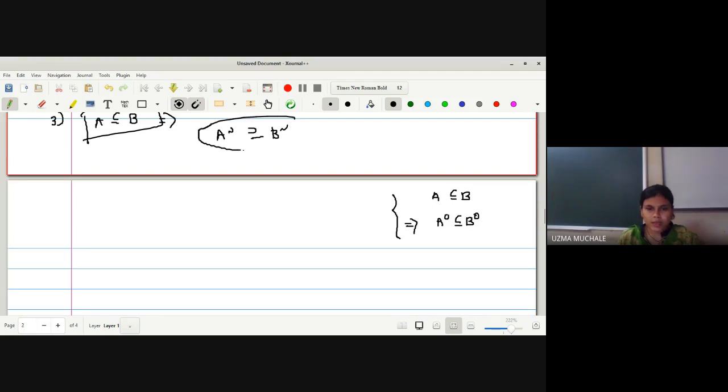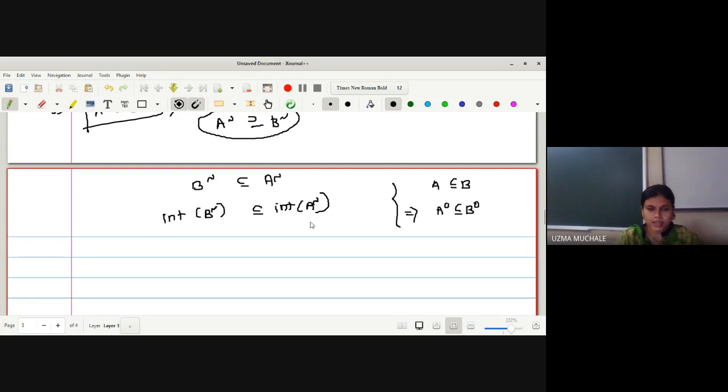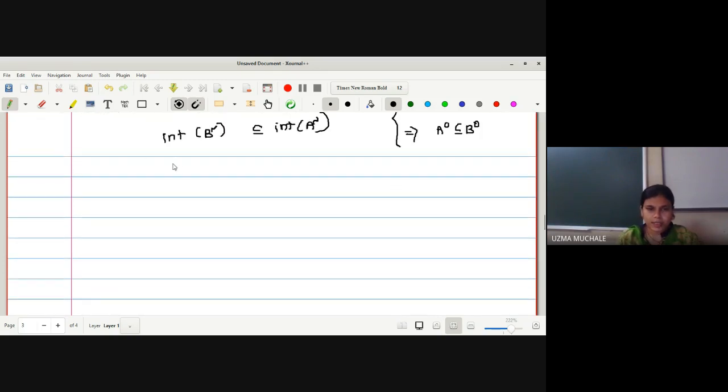Now, if I am having two sets, one is a subset of the other, that is B complement is a subset of A complement, here I can use the interior property. If I apply interior on both sides, I get interior of B complement is a subset of interior of A complement. What is interior of B complement? It is nothing but exterior of B is a subset of exterior of A. So, if A is a subset of B, up to now we are getting A bar is a subset of B bar.